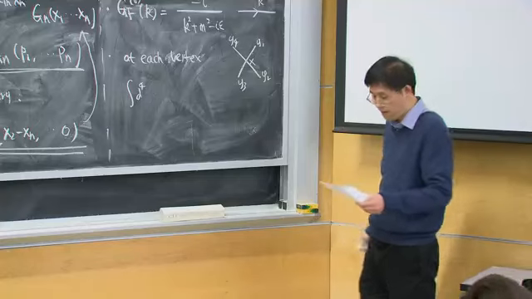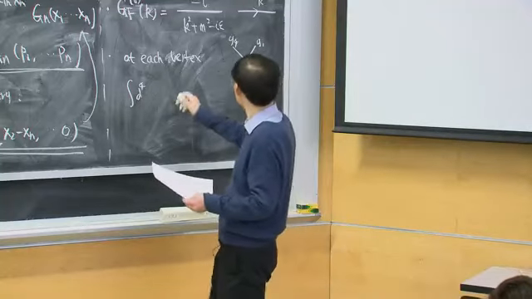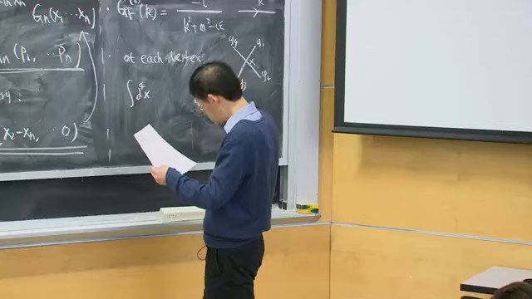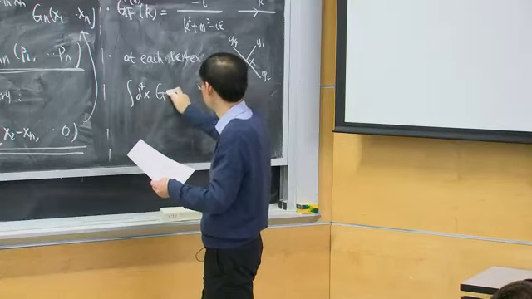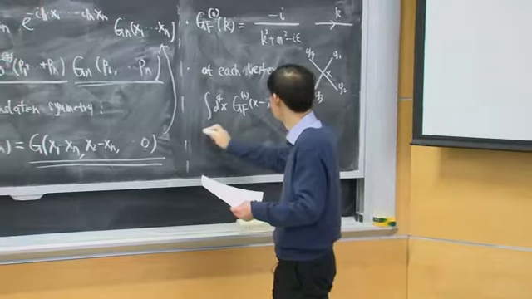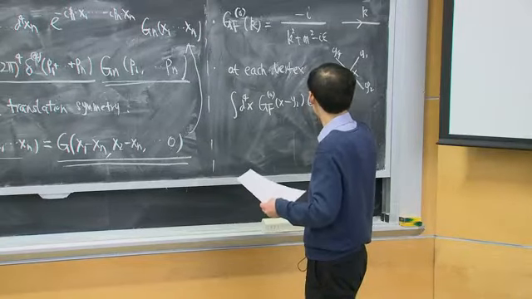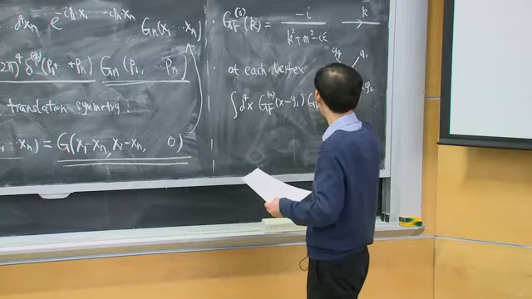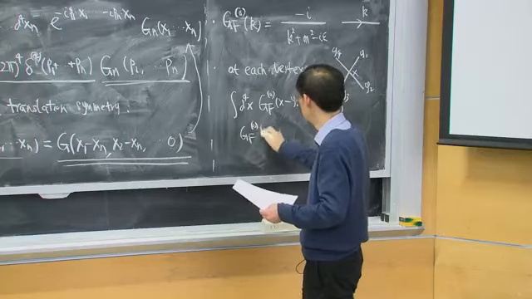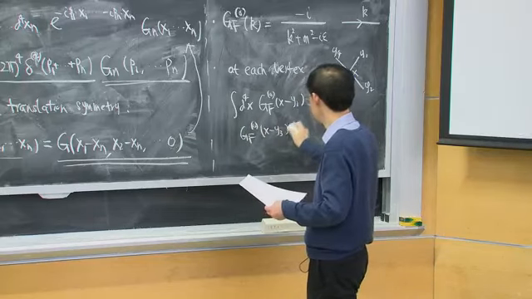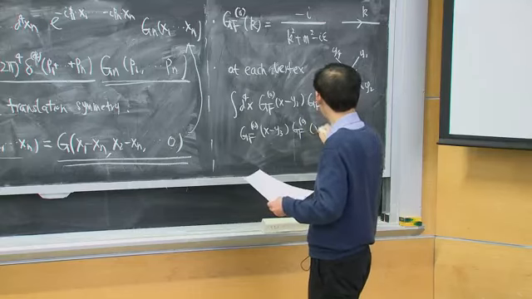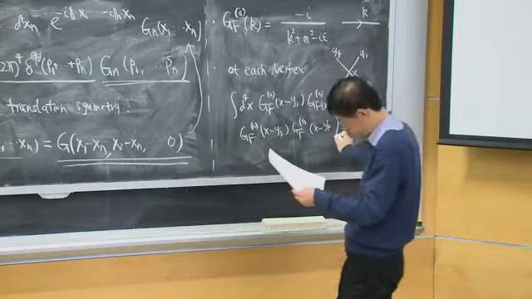Then we will have an expression at such a vertex like this: GF0(x minus y1), GF0(x minus y2), GF0(x minus y3), GF0(x minus y4), okay?